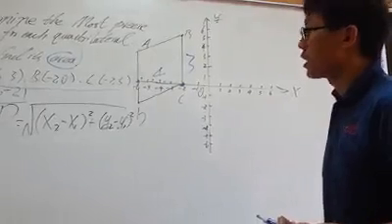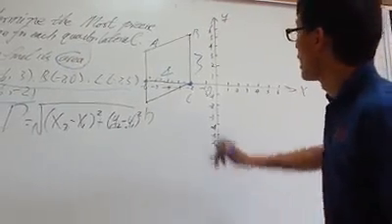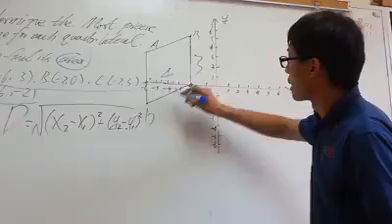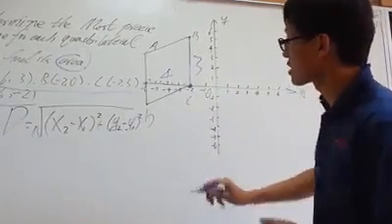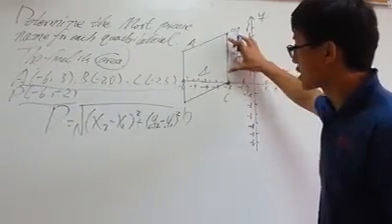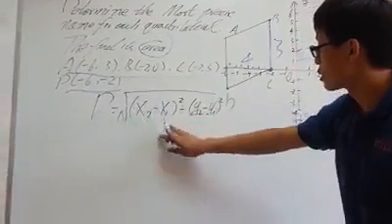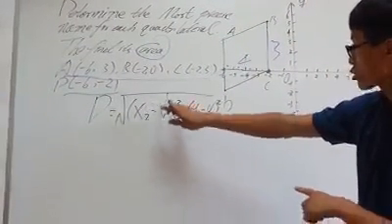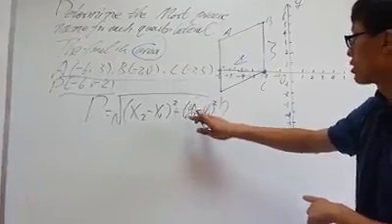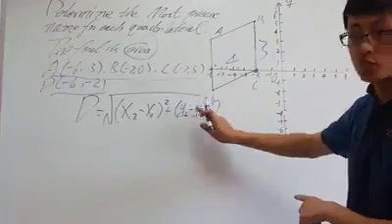The parallelogram's area equals the base times the height. The distance equation is the square root of x2 minus x1 squared plus y2 minus y1 squared.